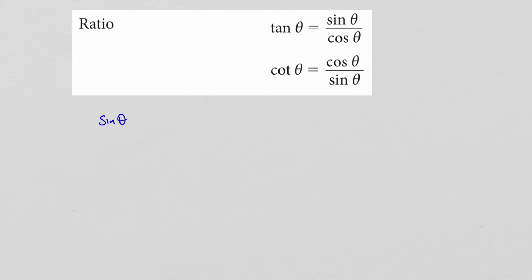So sine of theta divided by cosine of theta, if we just use the definition, is y divided by r over x divided by r. And this is equal to y divided by r multiplied by the reciprocal of x divided by r, which is r over x. Again, this is just the definition for dividing fractions.